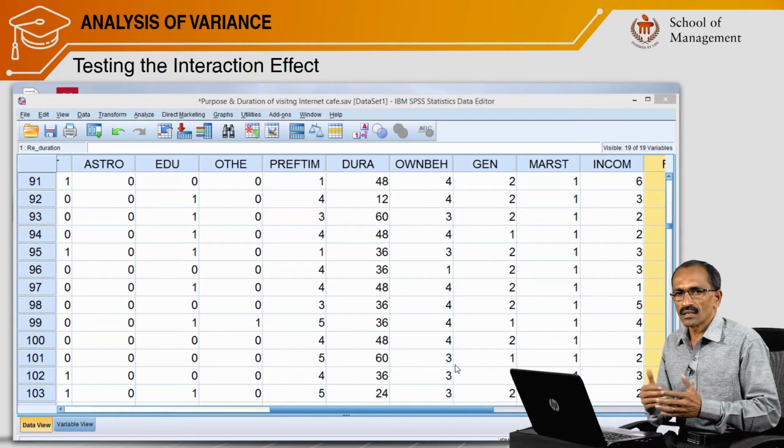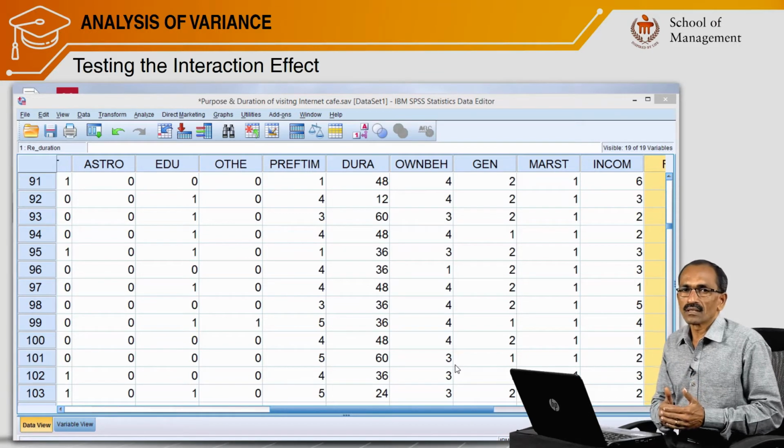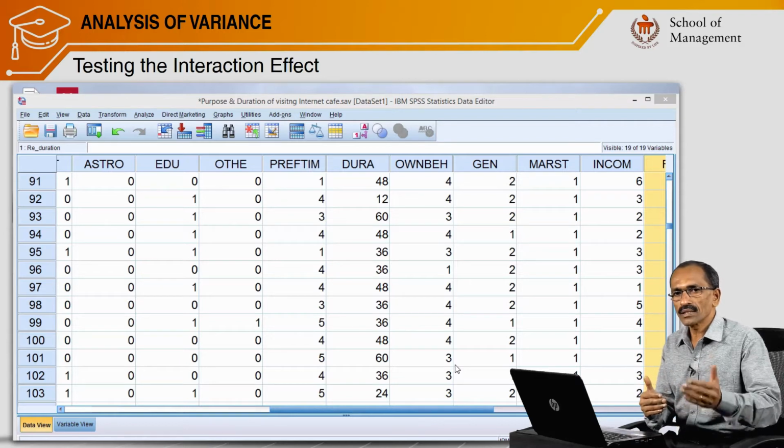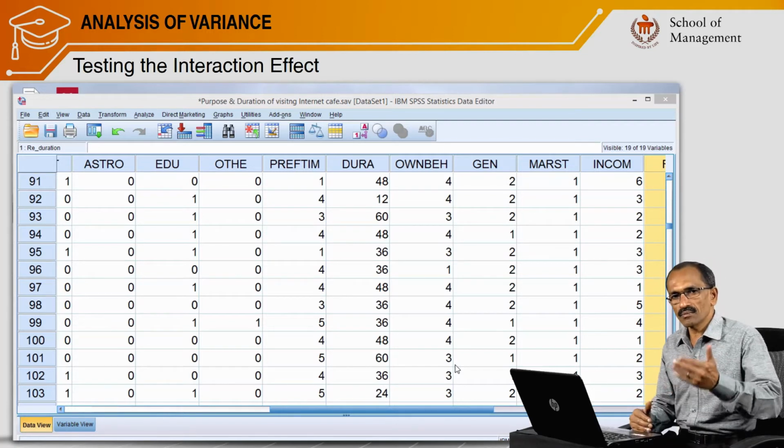Kolkata, they have 5. Mumbai, they have 7. Delhi, they have 10, and so on. And they want to know whether there is any interaction between the location and the shop on sales performance, which they can do through factorial ANOVA. And this is the purpose.